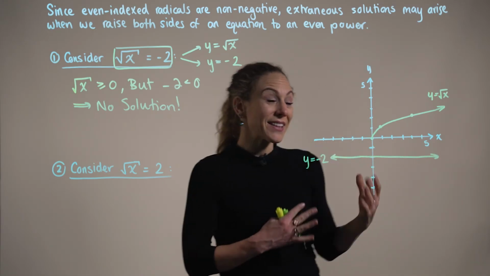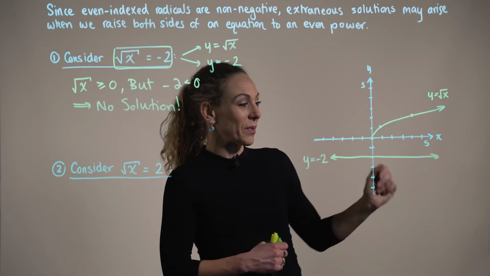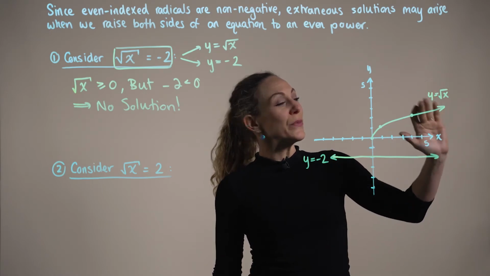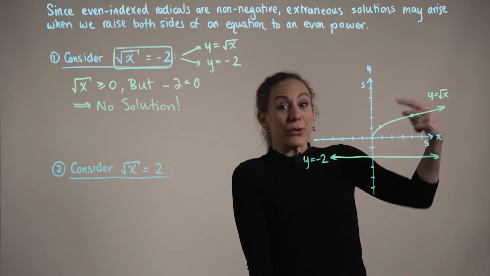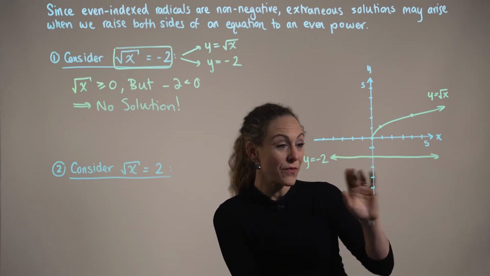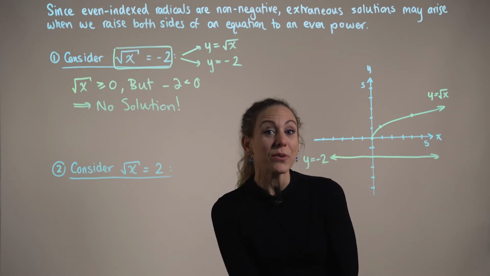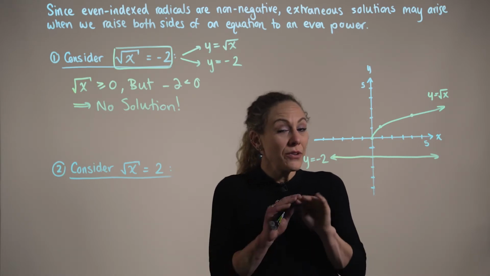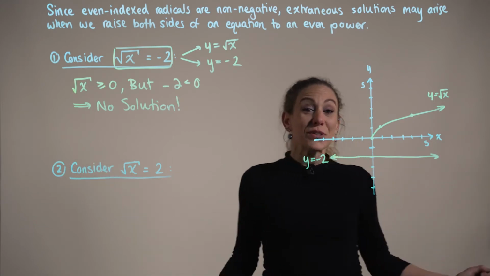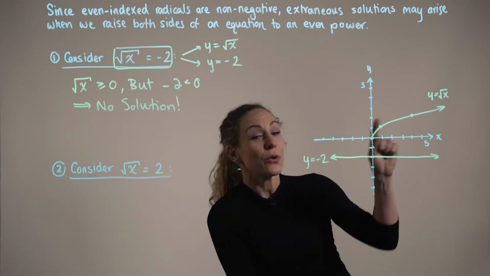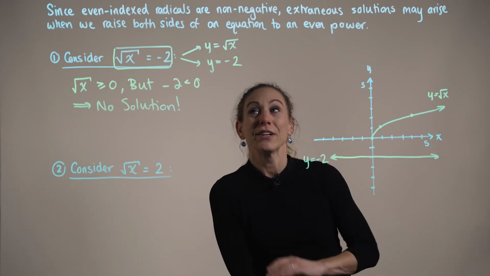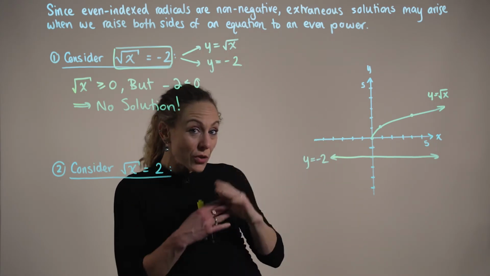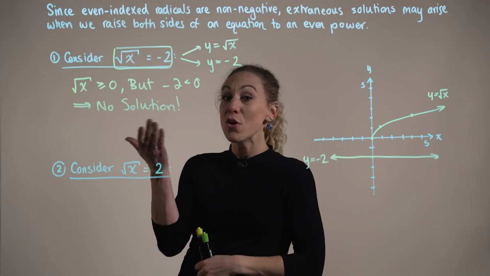Looking at these 2 curves, we have the square root function, and then down below the x-axis, we can see the horizontal line for y equals -2. No matter how far we stretch out this horizontal line, this is never going to intersect the square root. So these 2 curves have no intersection, or in other words, no solution.